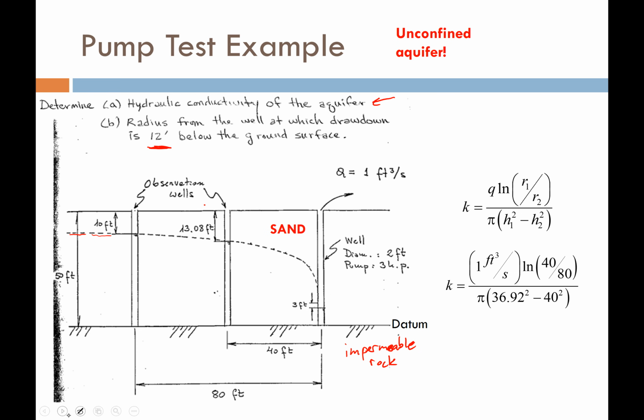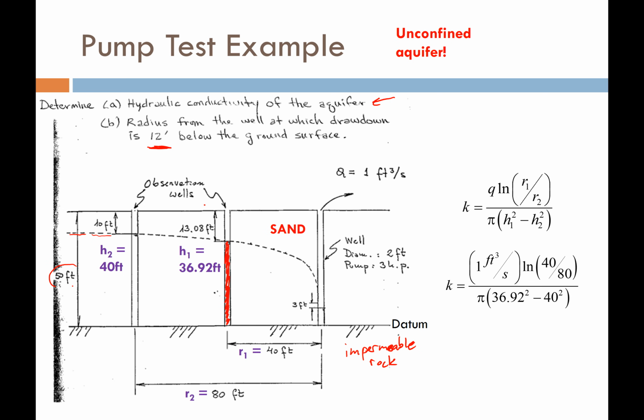We're going to use the relationship given to us that we computed on the earlier slide, and we're just going to compute the hydraulic conductivity. We have to get, of course, our heads, which are just the height of the water inside the piezometers relative to our datum. So here in monitoring well number 1, the height from the datum up to the water surface is 36.92.